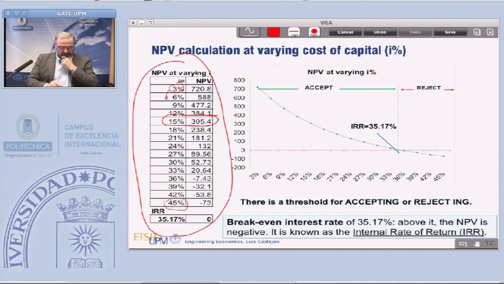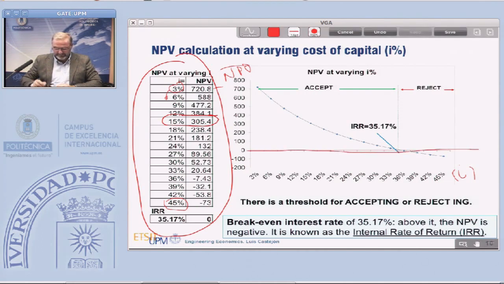And we have recorded the net present value, the NPV, of every interest rate, and you see here the corresponding chart. We see the net present value and the cost of capital, and we draw each pair of interest rate and net present value. The zero axis is this one.